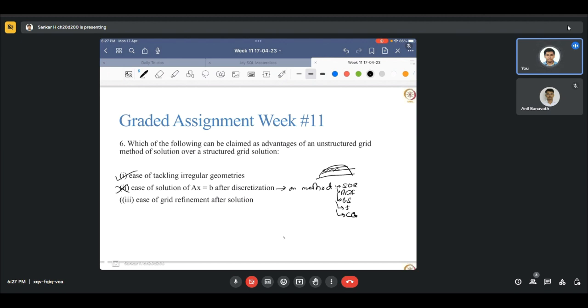Suppose we have discretized our domain like this, and we wish to refine it. We can do it ourselves rather than focusing on how it needs to be done. This freedom of choosing how the grid refinement needs to be done is up to us. Therefore, option 3 is also the right answer here.